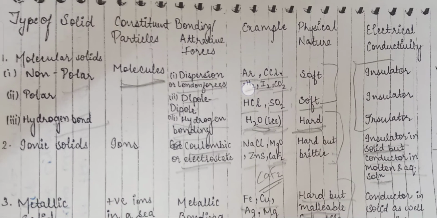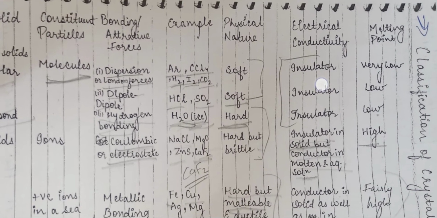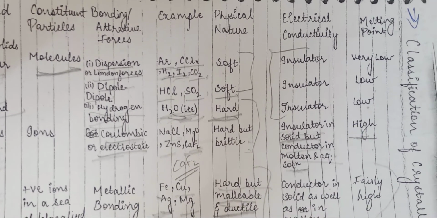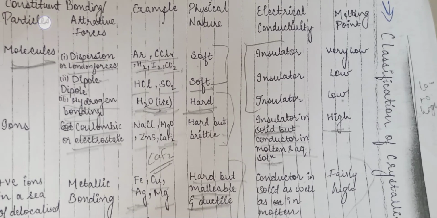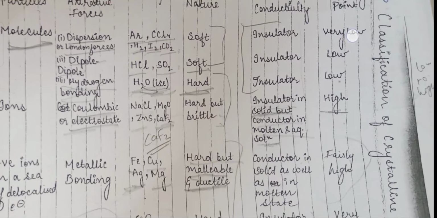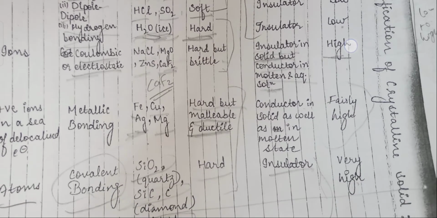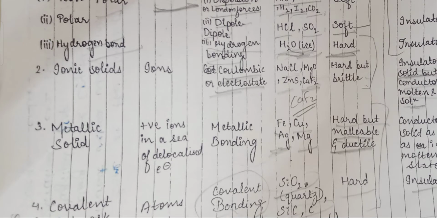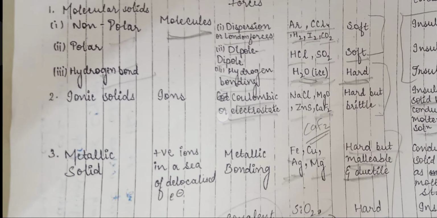Here you can see a few examples. We know that these are not conductors, but the melting point varies as it goes down the table. As the table goes down, the melting point increases: first it's very low, then low, then high, then fairly high, then very high.